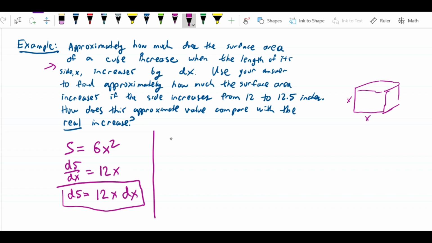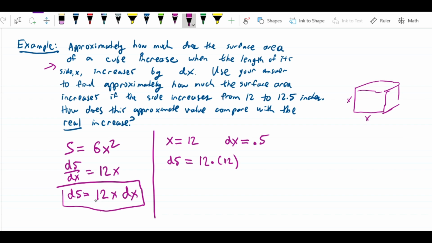Well, what we can see is that we're starting with an x equal to 12. That's the starting length of the side. And we've increased from 12 to 12.5 inches, which means we've increased by 0.5. That means that ds is equal to 12 times 12. It's just a coincidence the way I constructed this problem that these are both 12s.